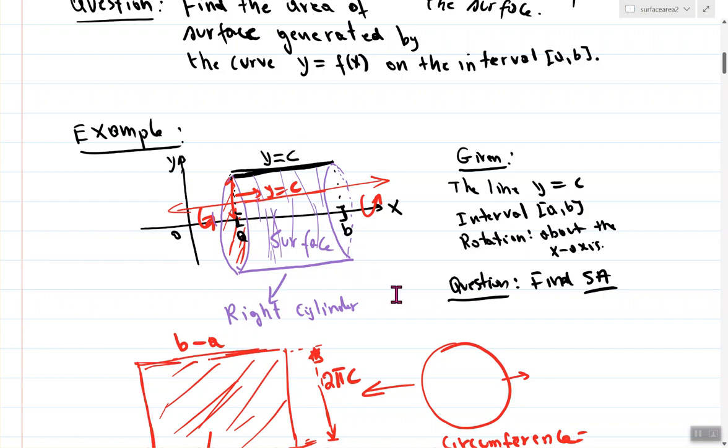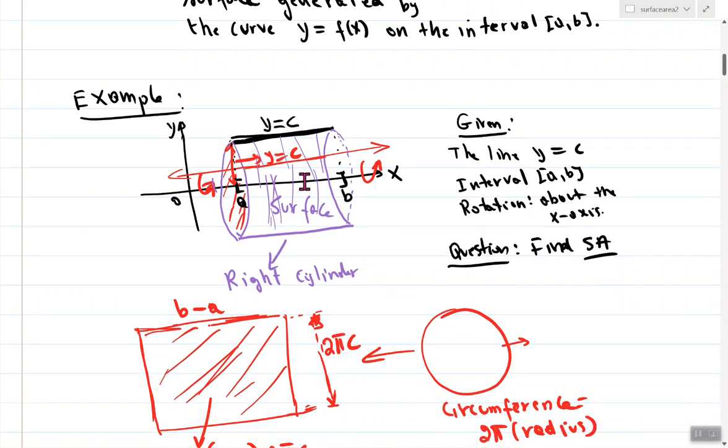And we also look at, so what is the circumference? So this is the circumference. What is the length of the circumference? The circumference in general is always 2 pi times the radius. So the circumference is going to be 2 pi times c.